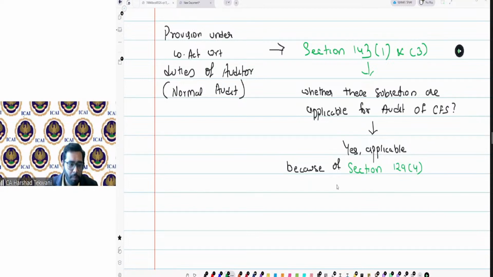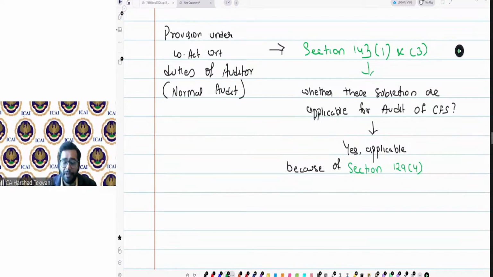Even if you go under section 143 and the proviso to section 143.1, it says that the auditor of the holding company will also have a right to access the records of subsidiaries and associates insofar as it relates to the consolidated financial statement.